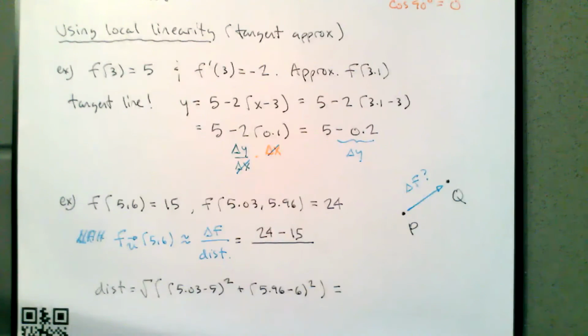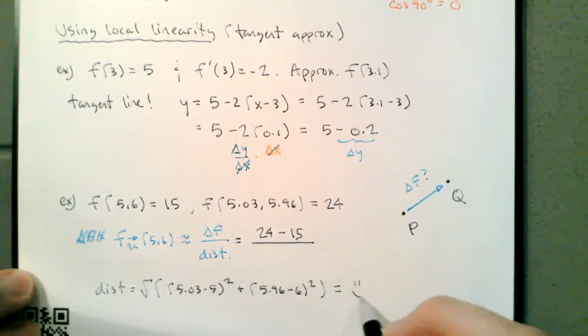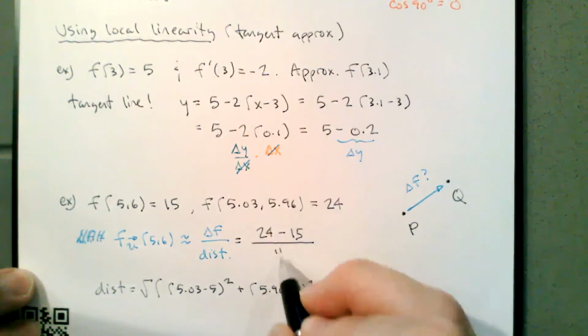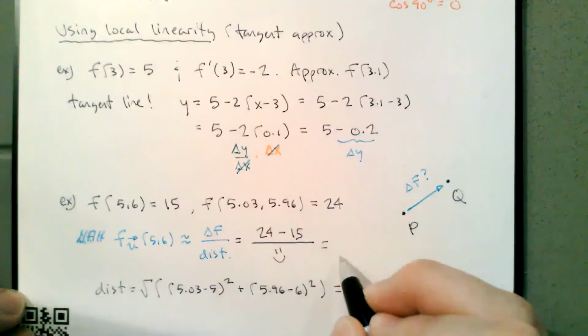And then however much that is. So whatever you get for that value, 9 divided by that is what we are looking for.